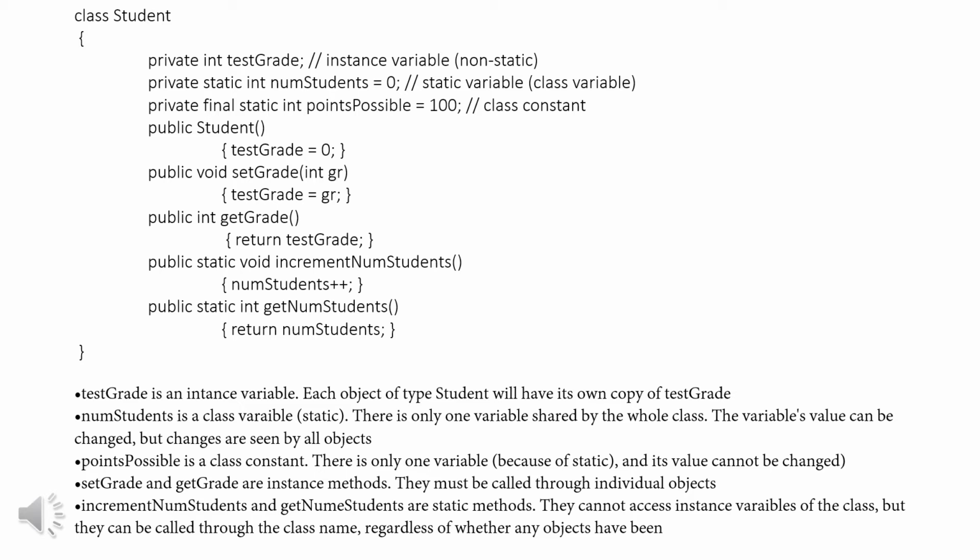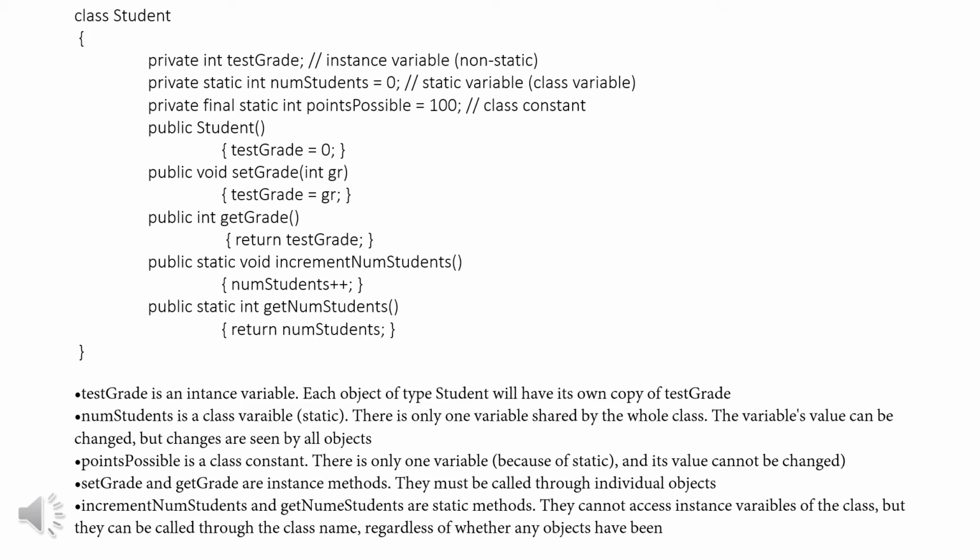Based on that, I have this class. I've created this class Student, right? As you see, it has a variable. The name of this variable is testGrade. So this testGrade is actually the grade of each student. This variable should be instance, right?